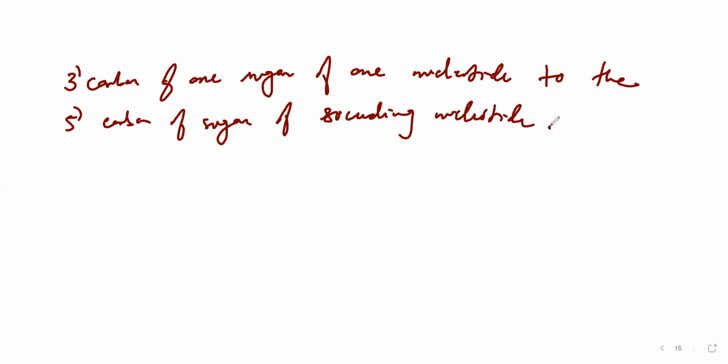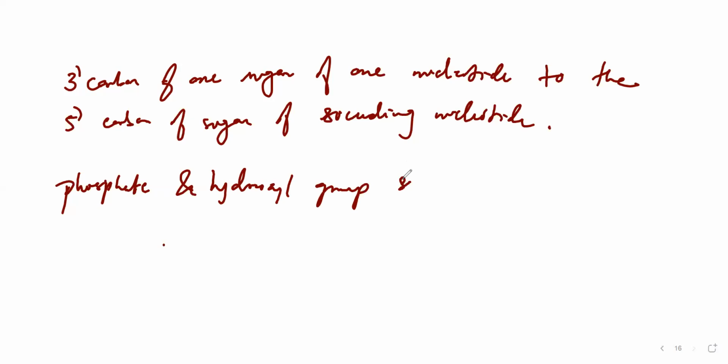Okay, so how is the bond formed? The bond is basically formed between the phosphate and the hydroxyl group, OH group, of whom? The sugar. Okay, and that bond is called as what? Ester bond.